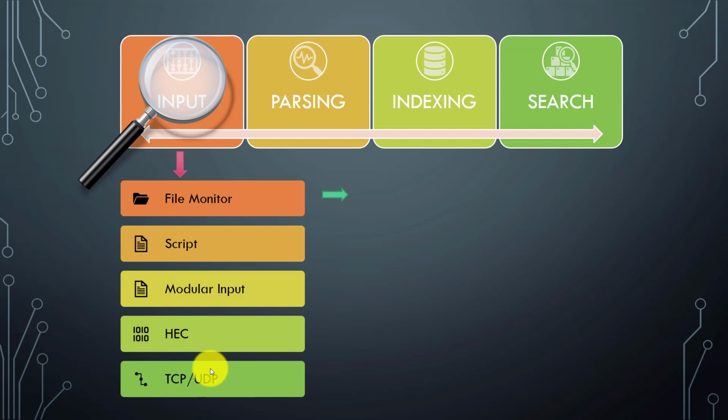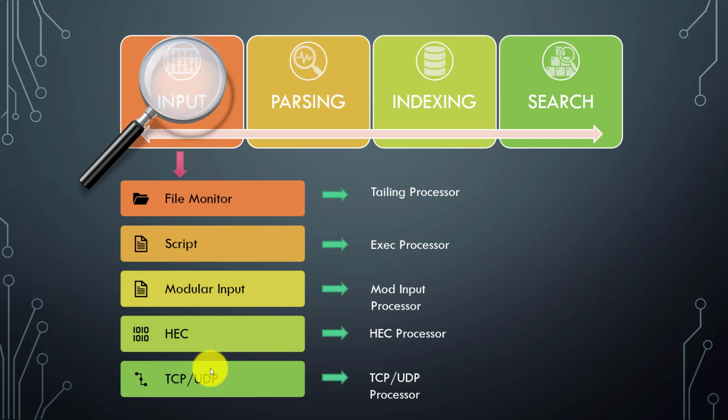Let's say for file monitor we have a tailing processor, for script we have an exec processor, for modular input we have a modular input processor, for HTTP event collector we have a HEC processor, and for TCP UDP inputs we have TCP UDP processors. Okay, we are only talking about the input phase now, right? And over there, there are multiple processors, which means we have multiple pipelines over there, right?